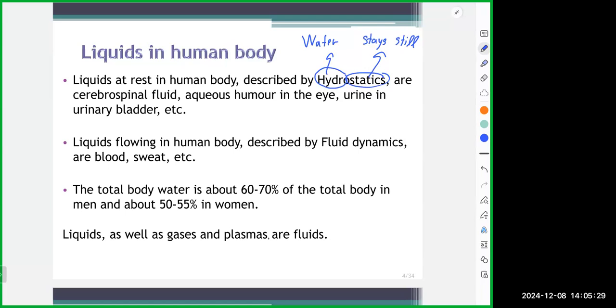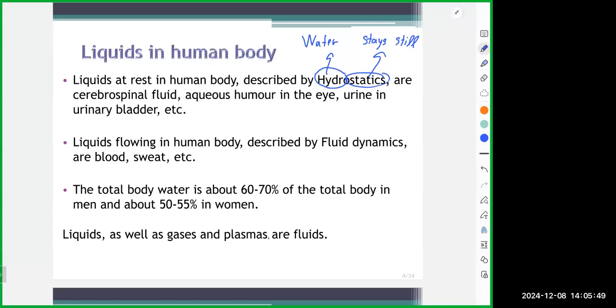The next type is the liquid that can flow. We can describe it by fluid dynamics, for example blood and sweat.